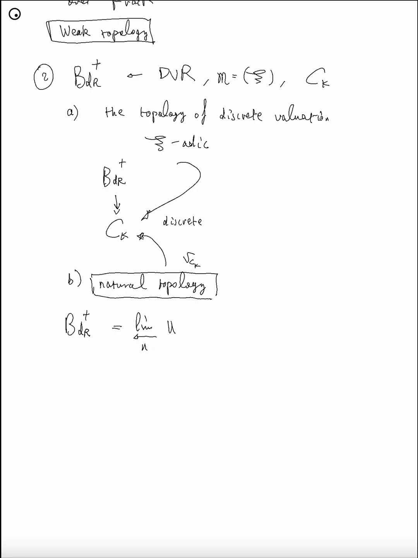And this comes from again the product topology or the induced topology from the product topology of here, right? So you take the induced topology from the product topology with each factor having the weak topology.